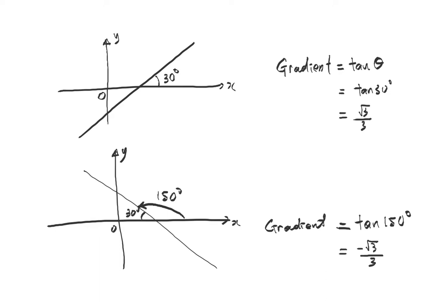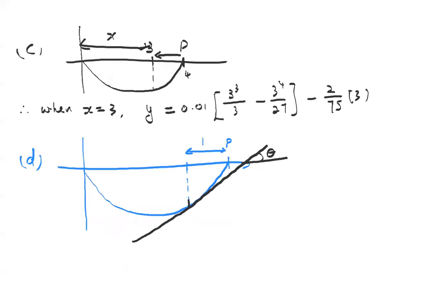So what we can do is, we find the gradient at that point. Do you get me? So you go to your dy/dx function. Just now our dy/dx function is this, correct? Our dy/dx function is 0.01 x squared minus x cubed over 6 minus 2 over 75.